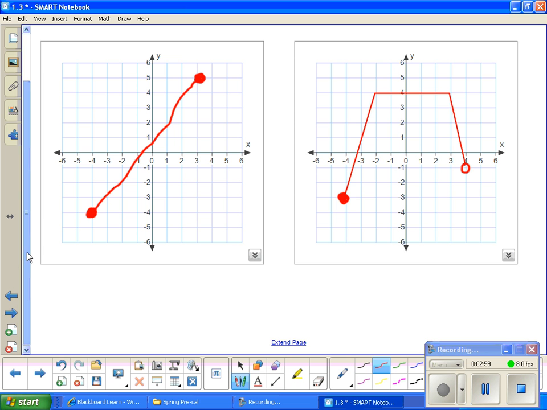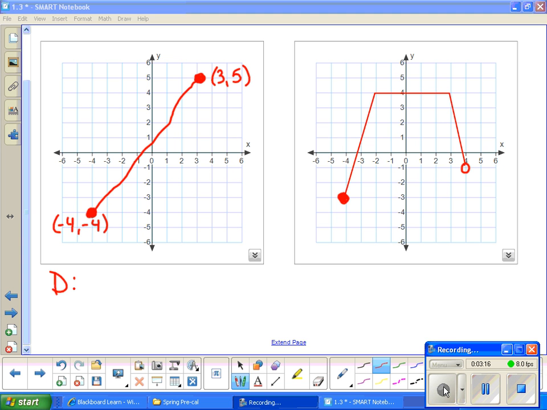So when we write the domain for this, let's name the point. This point is -4, -4. This point is 3, 5. Again for our domain, after we've named our points, what we want to do is look at our domain, or our x values.